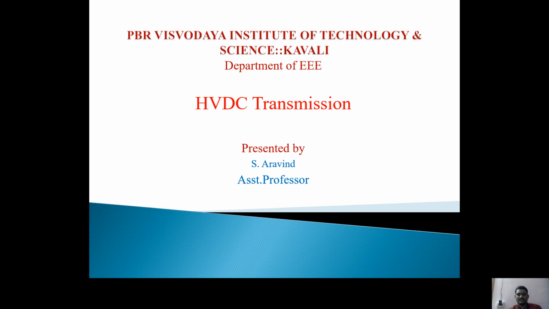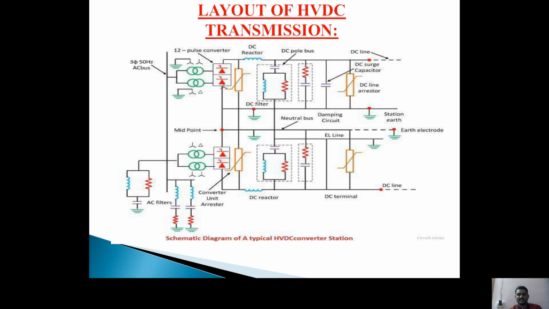So this is the layout of HVDC transmission, a schematic diagram of a typical HVDC converter station. In this converter station, we have different types of equipment: converters, which are nothing but a rectifier and inverter, converter transformers, smoothing reactor, overhead lines, and earth electrodes.